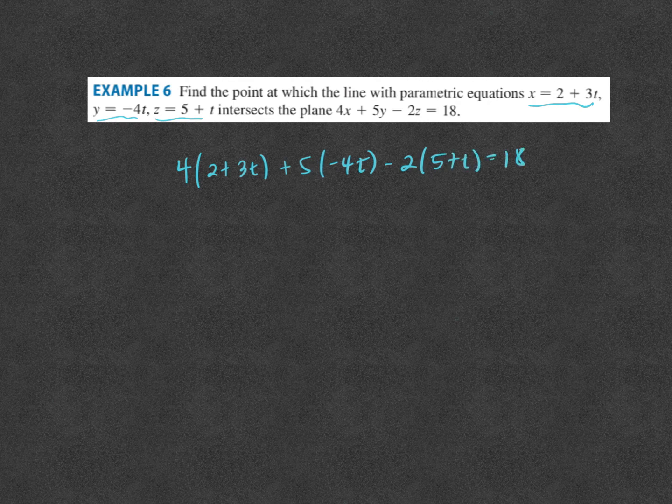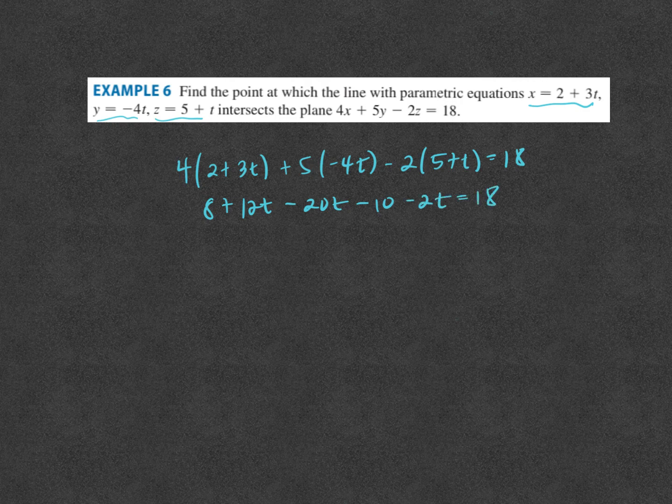This is a nice, pretty Algebra 1 problem at this point. Love it. One variable. So 8 plus 12t, hopefully I don't mess it up, minus 20t, and then we have minus 10 minus 2t equals 18.